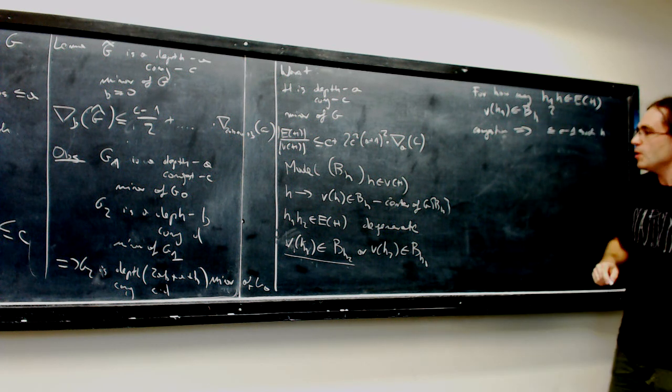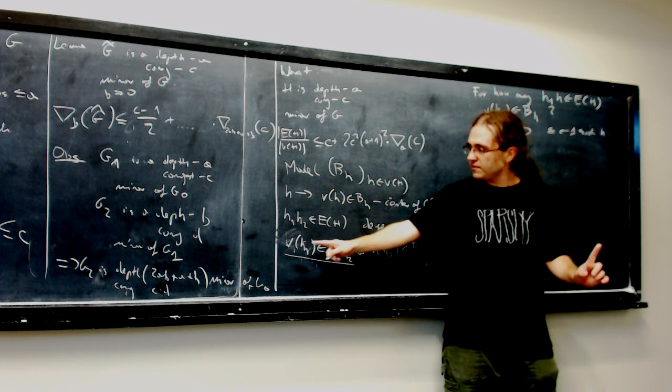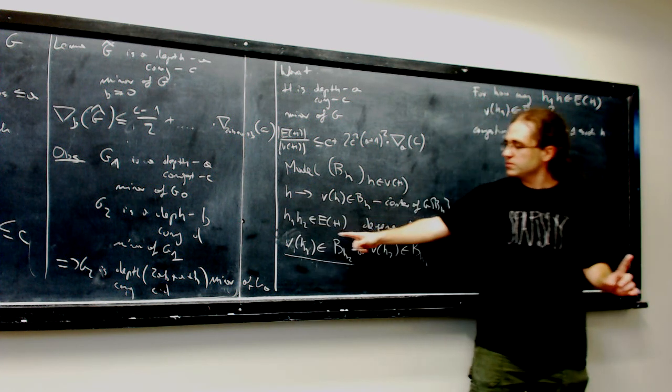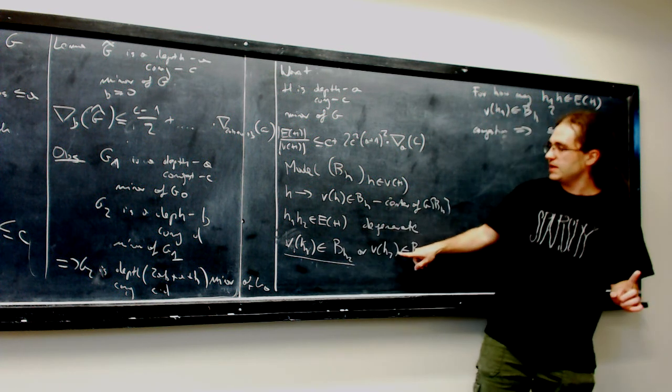So every degenerate edge we count once. If you look at this degenerate edge, if this happens, we charge it to H1; if this happens, we charge it to H2.